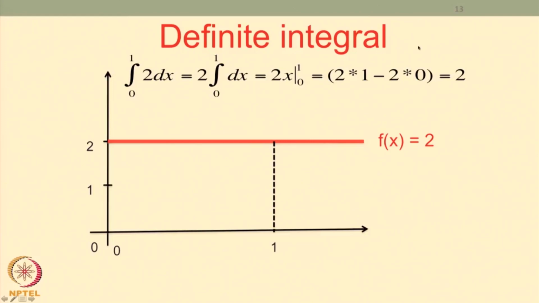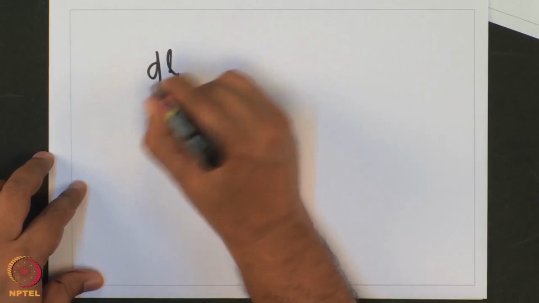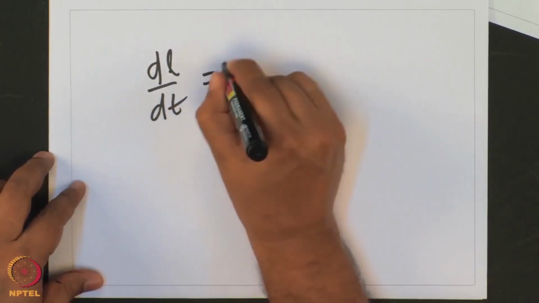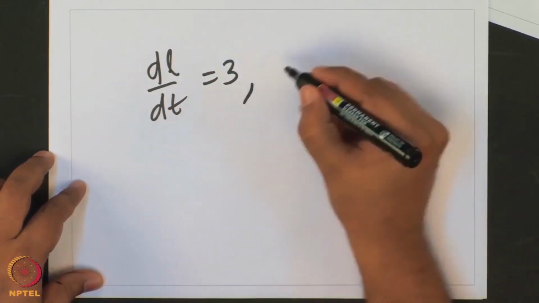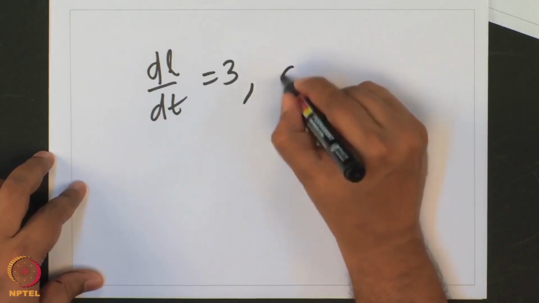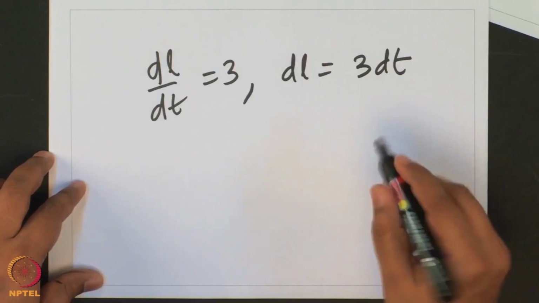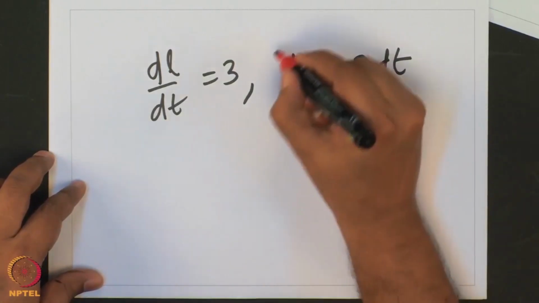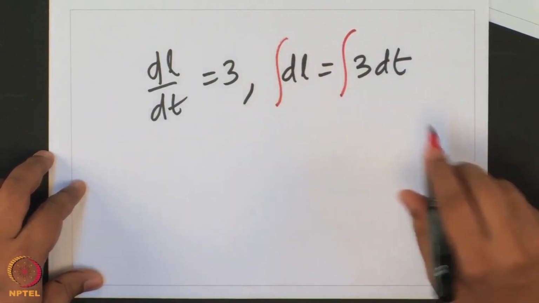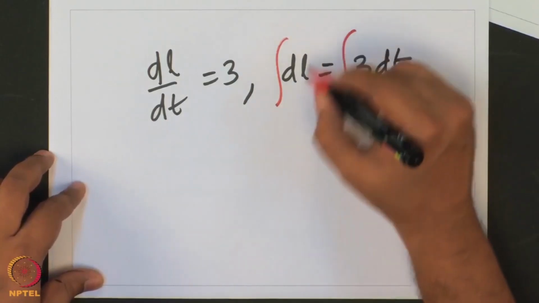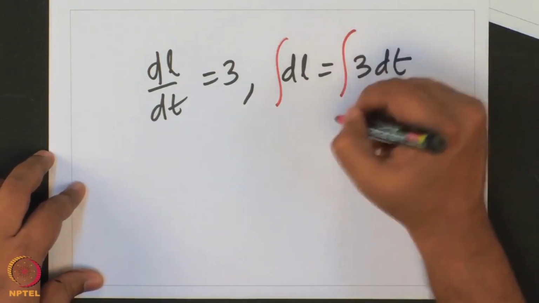So in other words, let us go back to the example of dl by dt once more. What we had was dl by dt, which is 3. In the earlier thing we wrote dl is equal to 3 dt, and we integrated. When we integrated, we didn't put any limit, there was no number.